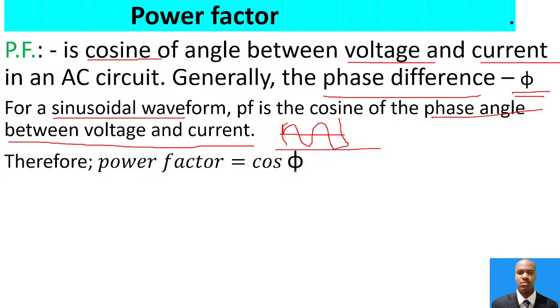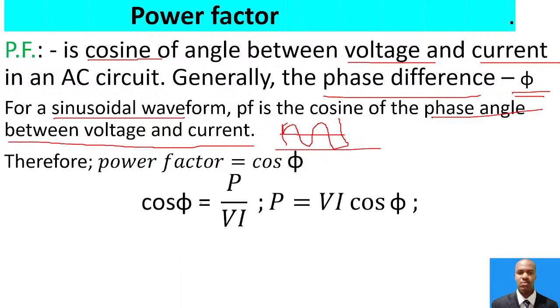So cos phi is a value in degrees. Therefore, cos phi is equal to power divided by, now this is simply the power in that circuit, you divide by voltage multiplied by current, and again this voltage multiplied by current is what we refer to as the apparent power in that circuit.